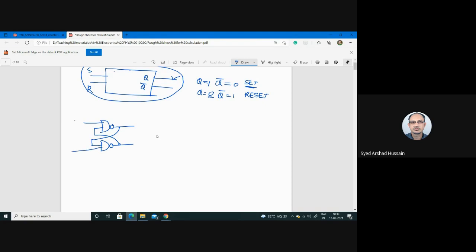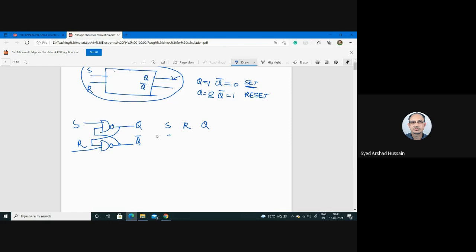Like this: S, R, Q, Q bar. So this is a simple flip-flop circuit using NAND gates, and the function table was like that: S, R, and Q.